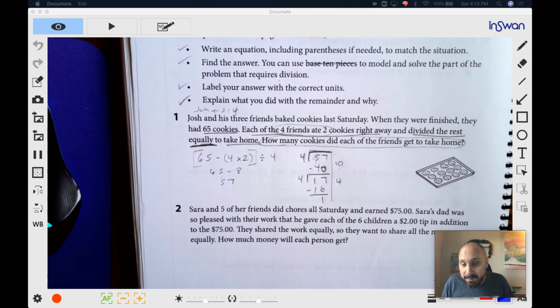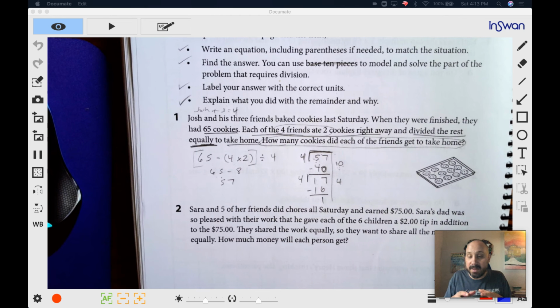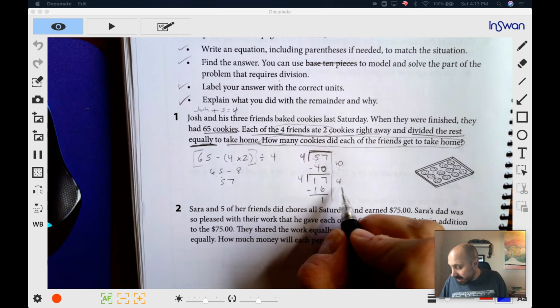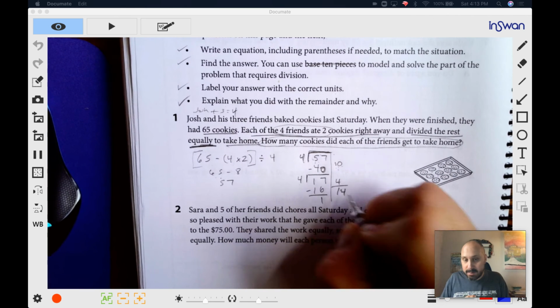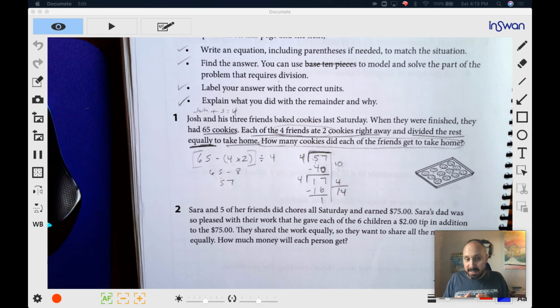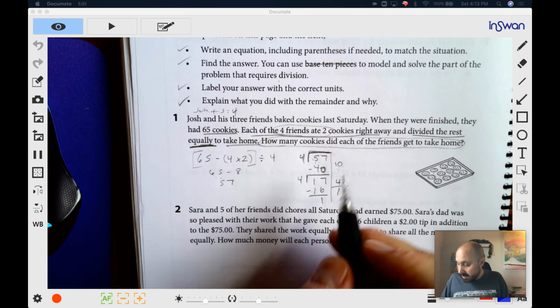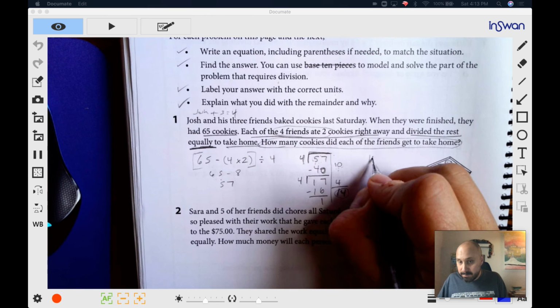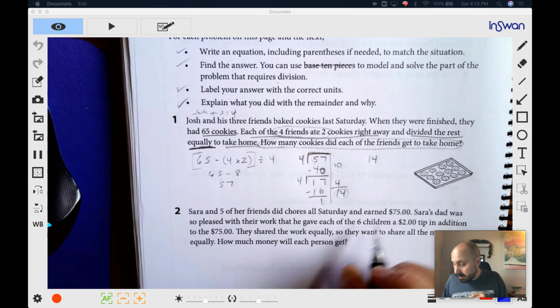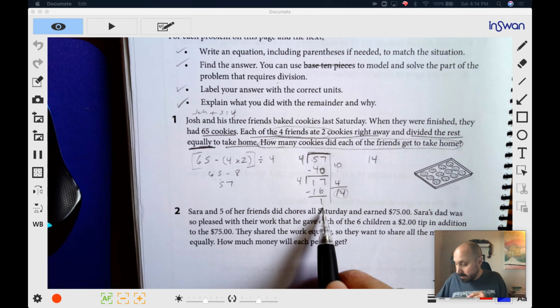There's 1 cookie left, and I don't have enough to give each of the friends more, but I can do something with that cookie. As it stands, each friend gets 14 cookies. So 57 divided by 4 equals 14, and there's 1 remaining cookie.